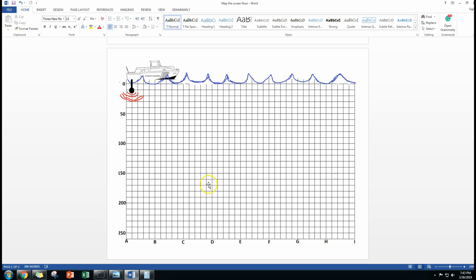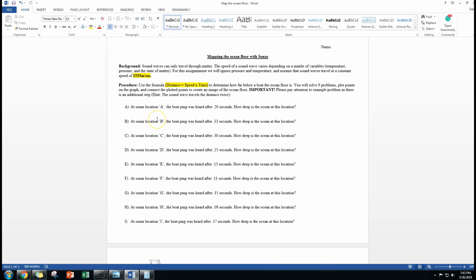Okay, so our first problem, let's see if I can actually do this without messing it up. So we're going to take our formula: distance is equal to speed times time. It's like me drawing like a kindergartner. Okay, and we're going to look for the information in this problem to help us to figure this out. So it says at sonar location A, the boat ping was heard 0.20 seconds after it was sent.